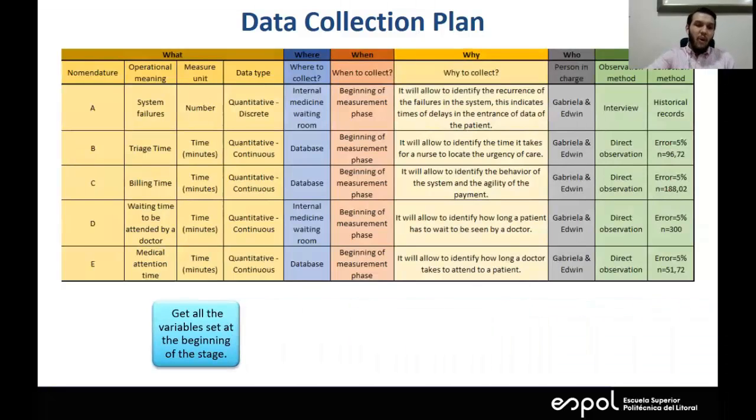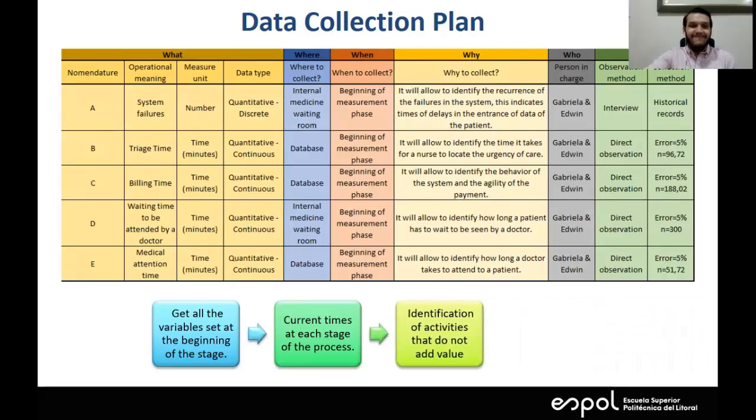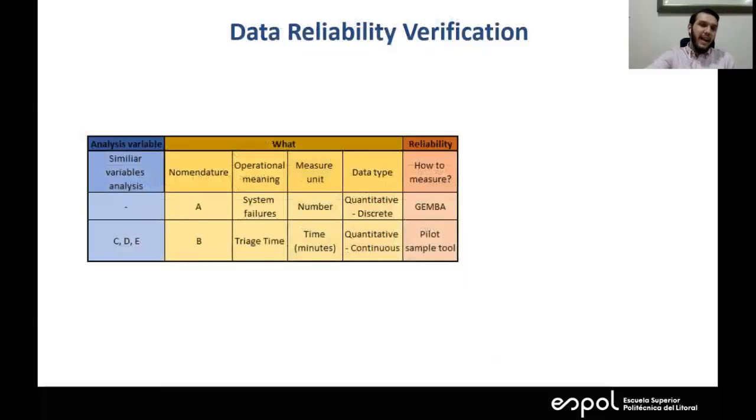We want to get all the variables at the beginning of each stage to identify current times at each stage of the process, in order to analyze and identify the activities that do not add value, with the final objective of improving the process. So you need to know how reliable the data will be.